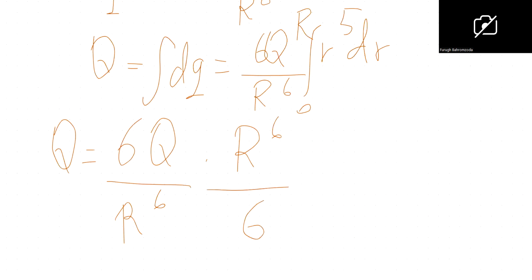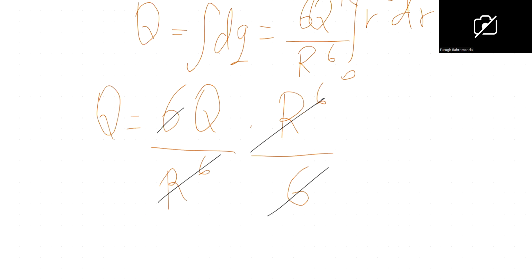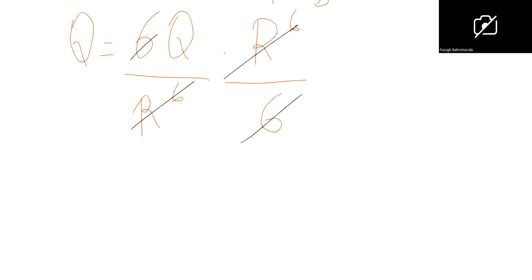So this cancels with this, and this one goes with this. What will be left is only Q. And we have it here, our final answer: Q equals Q. And finished, guys. We solved the third part as well.